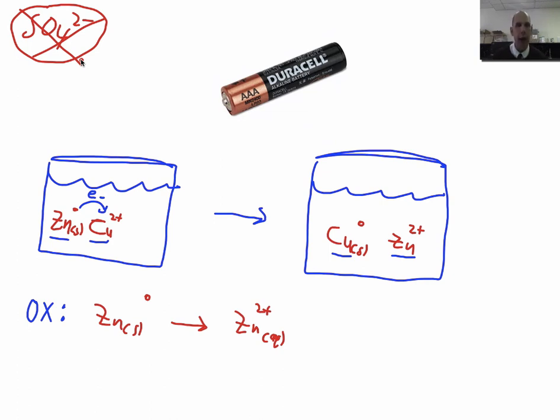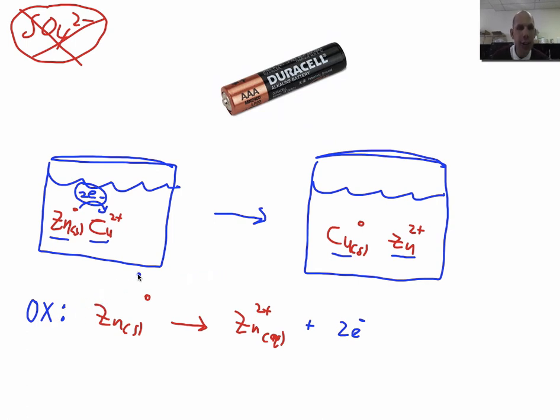Now what happened in order for it to be able to do that? It was oxidized. And there's a couple ways of looking at oxidation. First, it lost these 2 electrons. Okay, it lost them, and we show that by making the electrons products over here. Another way of thinking about it is its charge went up. It either goes from negative to 0 or 0 to positive. Okay, so that's the oxidation process.